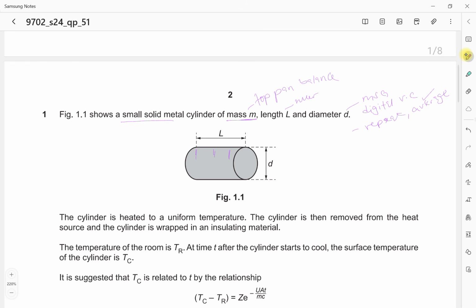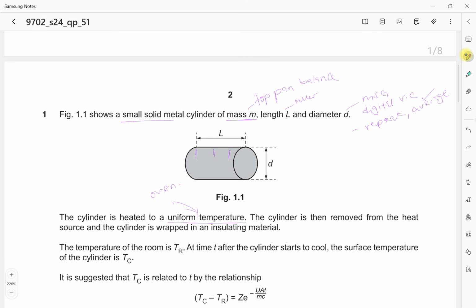The cylinder is heated to a uniform temperature. So how are you going to heat the cylinder to a uniform temperature? Most likely you can place the cylinder in an oven, or in a water bath. But in my case, I'll use an oven. I'll place the cylinder in the oven.